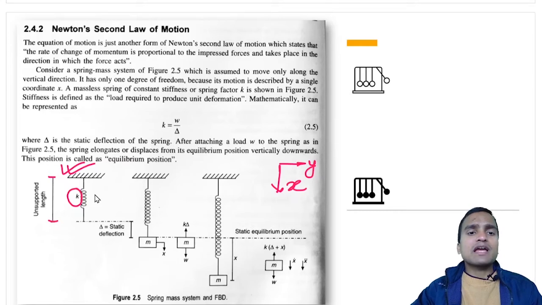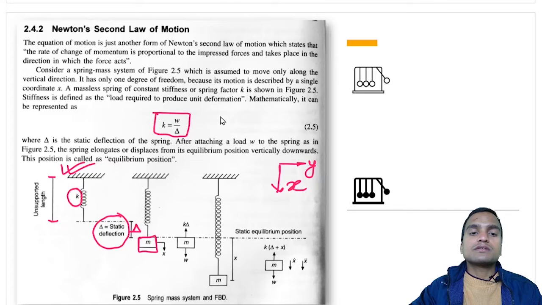This spring has spring constant K, and the mass of the spring is negligible. If we apply the mass block of mass m on this spring, then the mass m will take the spring down by a certain amount of static deflection, represented here by delta. This delta can be found by this equation.